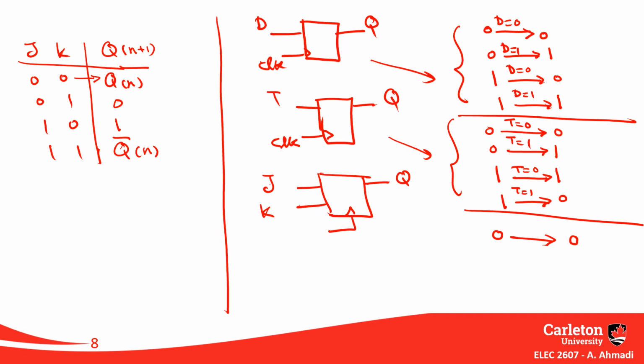So if you have 0, you want to keep 0, right? One basic answer, obviously, is this. So if you have J equals 0 and K equals 0, your 0 will stay the same, won't change.